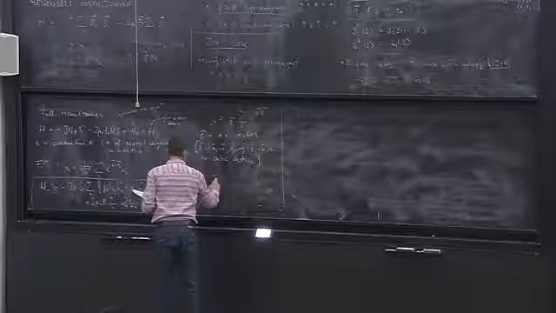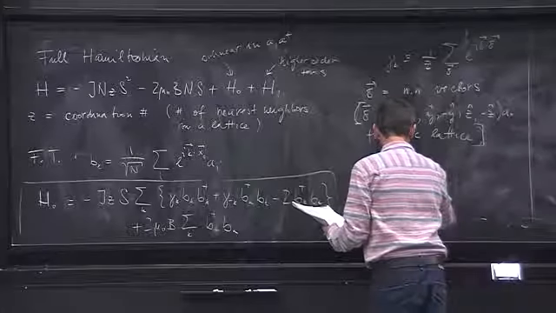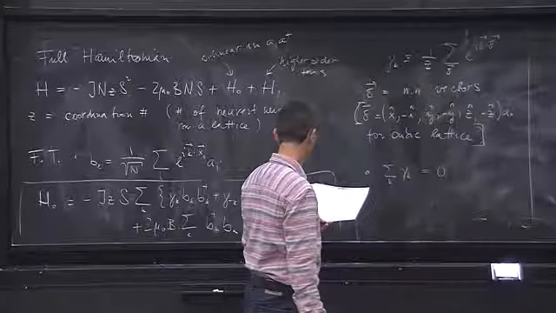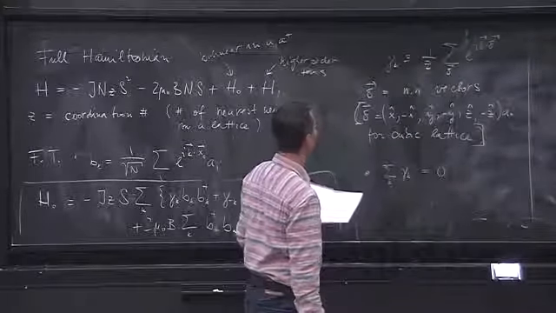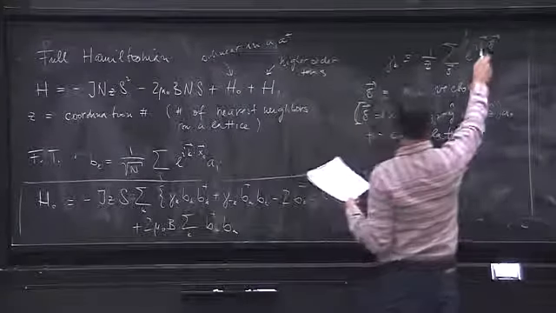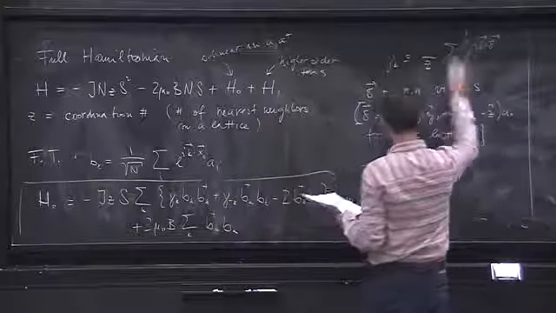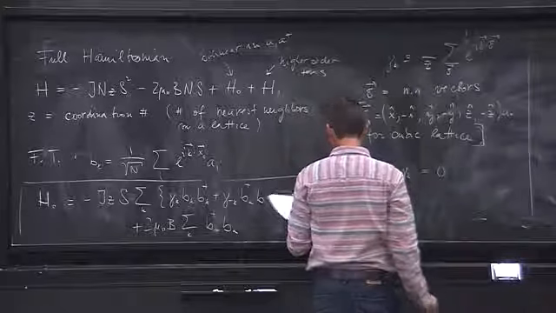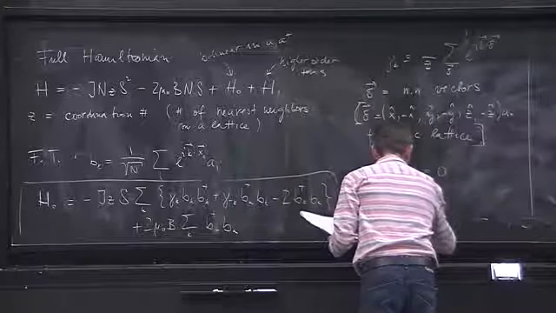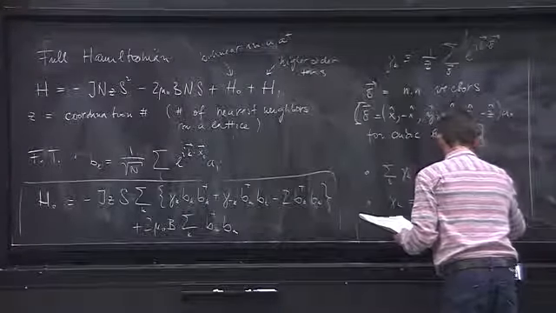First of all, the sum over k of gamma k is equal to 0, and one can check that. For any non-zero delta, this is true. This is just a basic property of these exponentials. And the second important property is that gamma k is equal to gamma minus k for lattices with inversion symmetry.